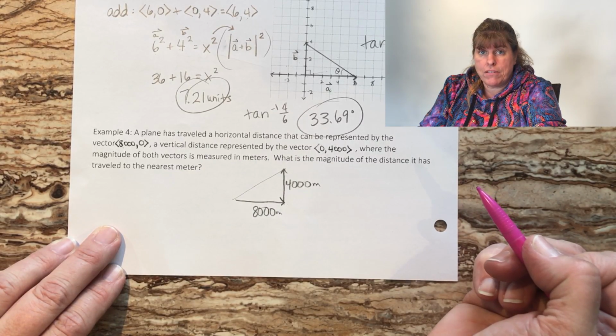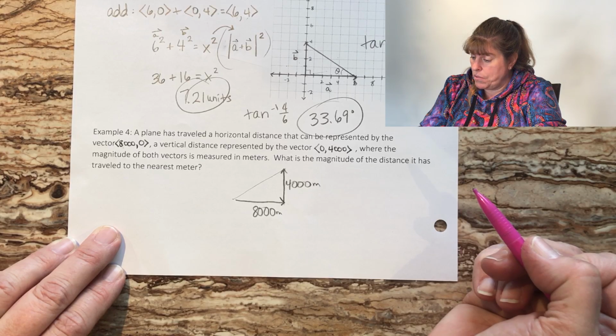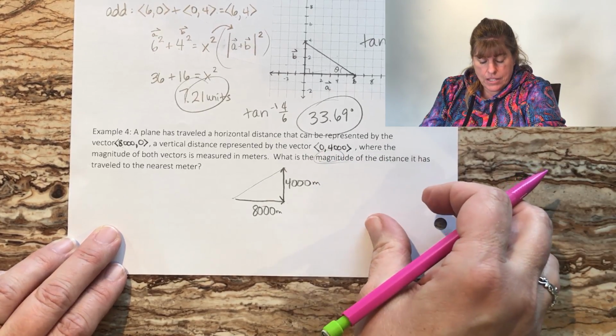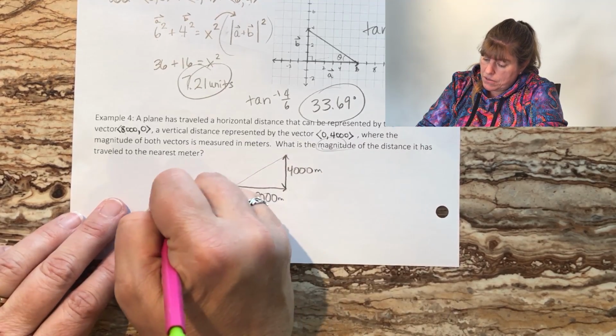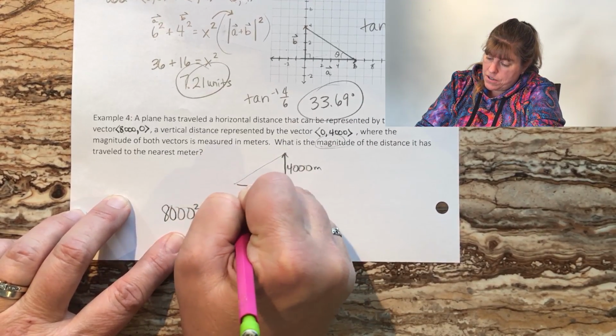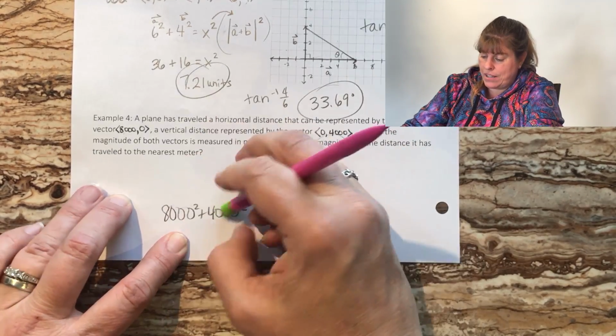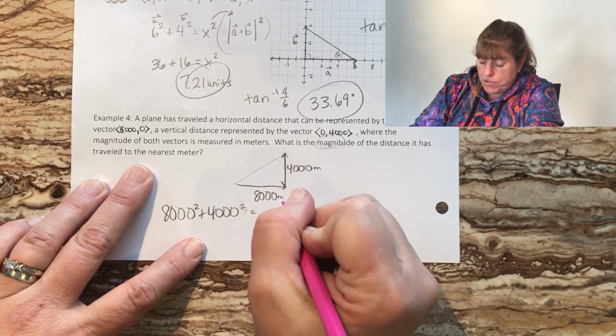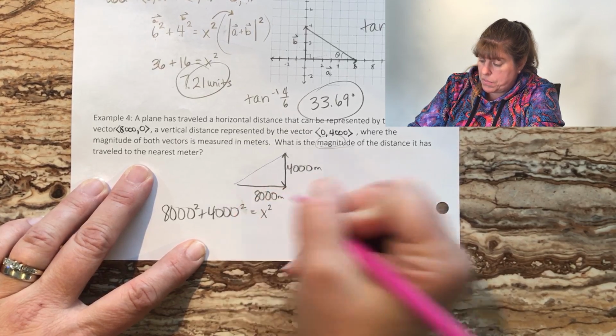So that looks like the Pythagorean theorem to me. That's what we are going to do to find the magnitude of the distance. So we're going to say 8,000 squared plus 4,000 squared equals, and I love to use x. You can definitely use m squared or whatever you think works best for you.